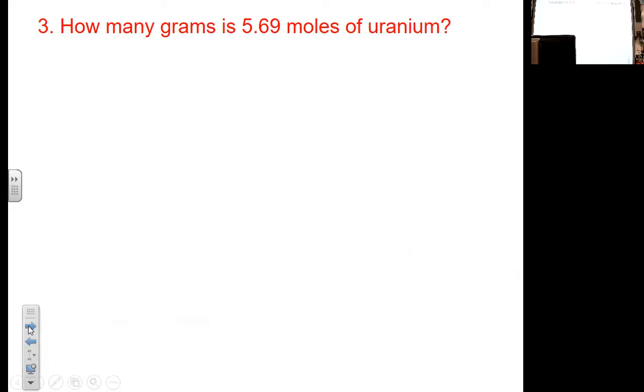How many grams in 5.69 moles of uranium? First thing, write down exactly what you have. Draw my fraction with a line through it.